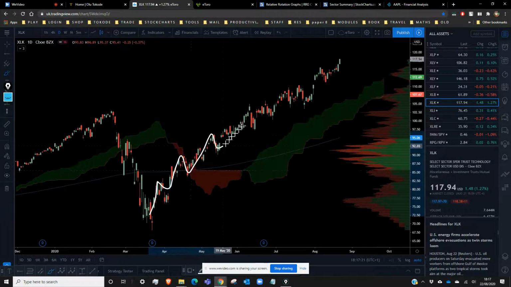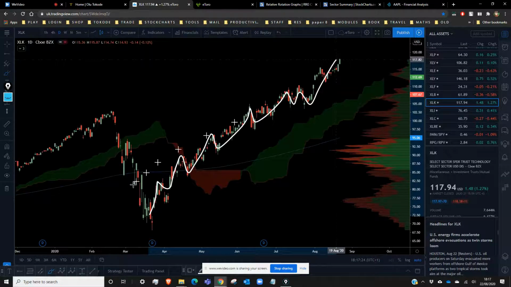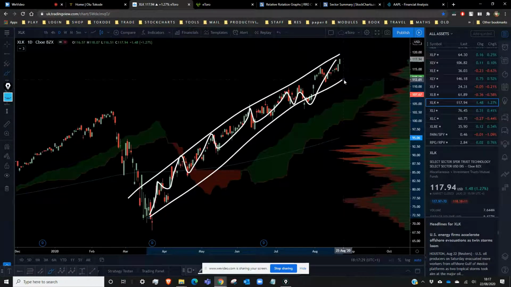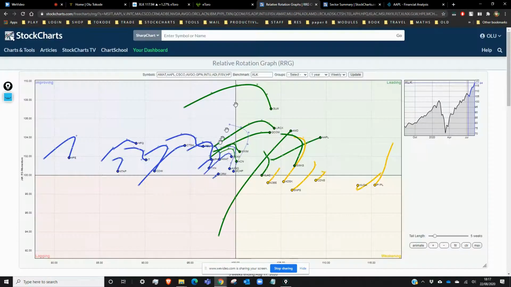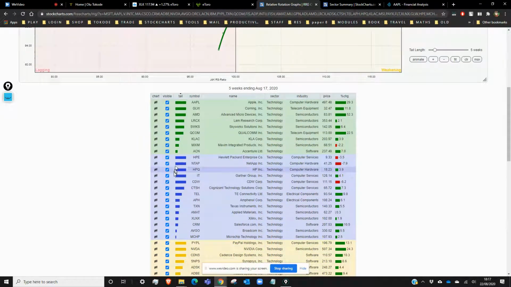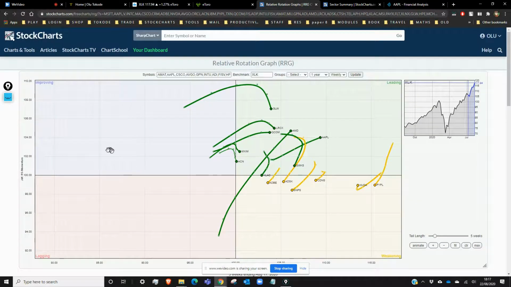So higher highs, higher low, higher highs, higher low, and so on and so forth. So very narrow trading range. So why should I pick a stock with low relative strength? I don't have to. So I'm going to take all of these out. Okay, so they are all gone now.